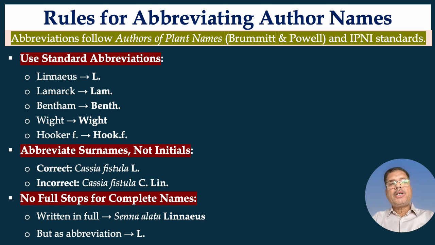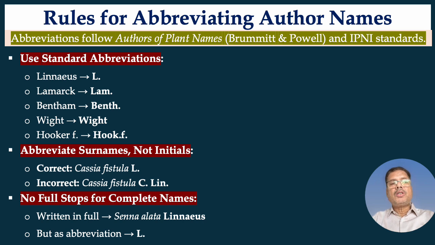In botanical nomenclature, abbreviating author names is essential because it keeps scientific names concise, standardized, and uniform across global literature. These abbreviations are not arbitrary. They follow the conventions established in Authors of Plant Names, which is regulated through IPNI, that is the International Plant Names Index.